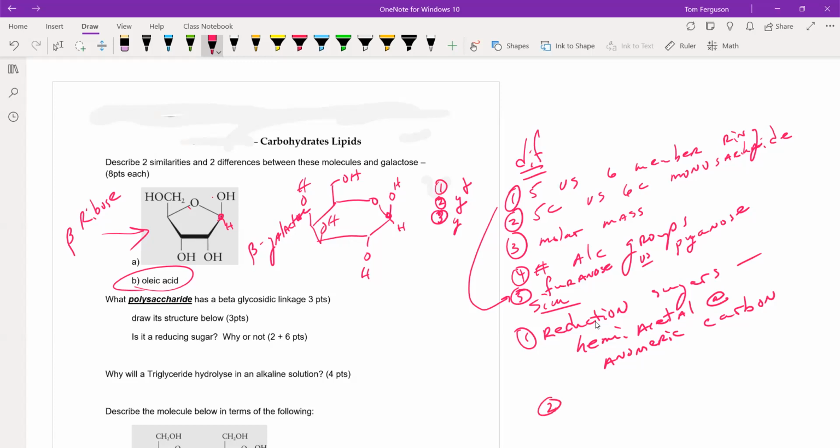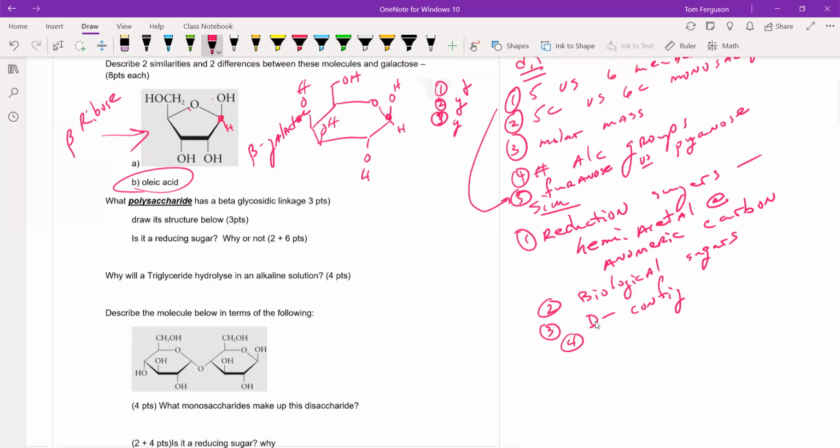Okay. I mean, you could say they're both biological sugars. They're both D configs versus L. Oh, what else?